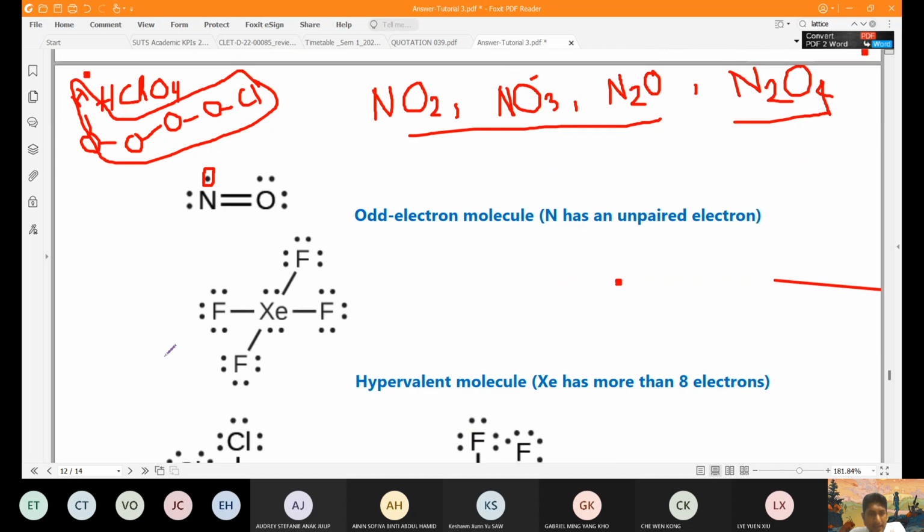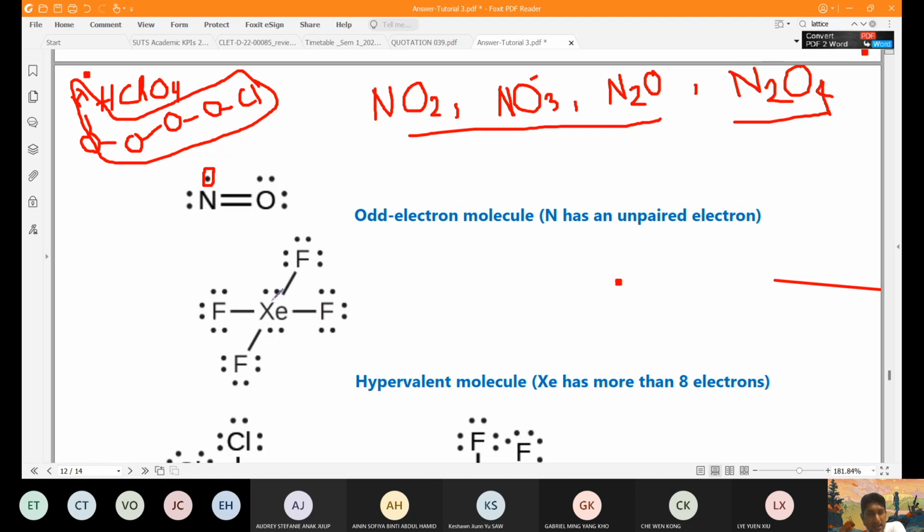Hypervalent molecules have more than 8 electrons. Xenon is another interesting element, because it can have an odd number of electrons, it could be even, it can be hypervalent. Sometimes it is hypervalent, sometimes super hypervalent.